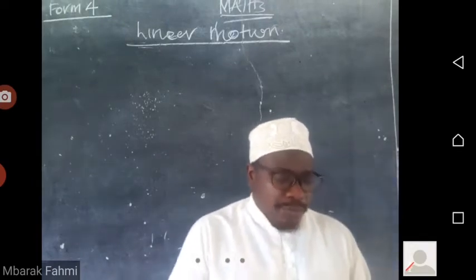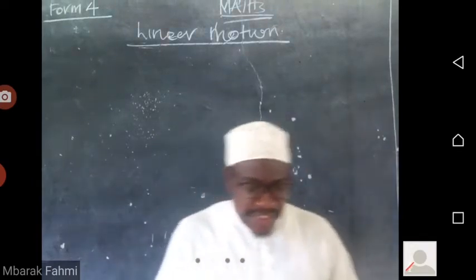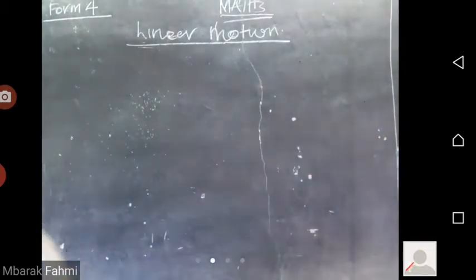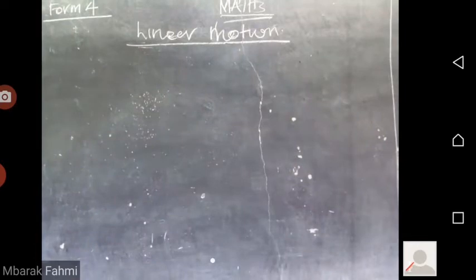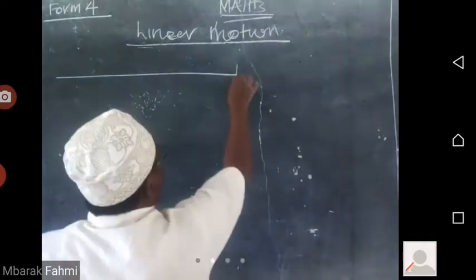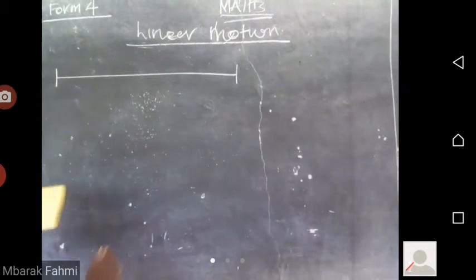A bus left Mombasa and traveled towards Machakos at an average speed of 60 kilometers per hour. So we can have our road, let our road be like that.